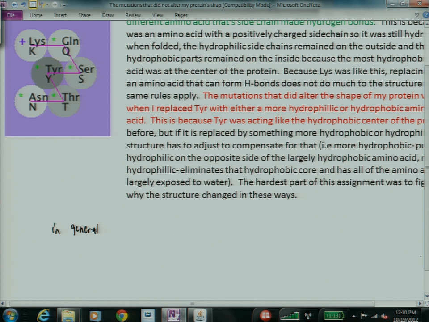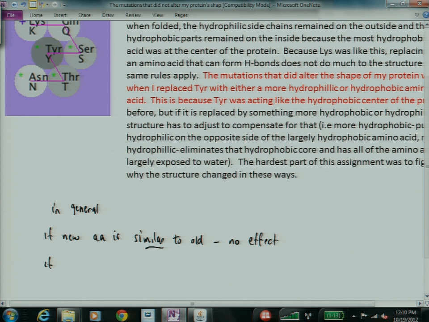If, on the other hand, the new is not similar to the old, there will oftentimes be an effect. All right. But not always. There were people that made quite dramatic changes in amino acid properties, from pretty hydrophobic to pretty hydrophilic, that had no effect on the structure.